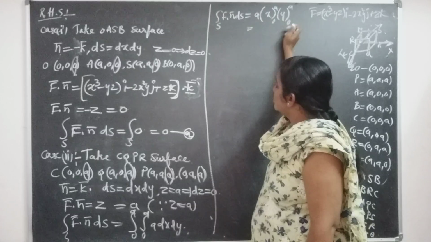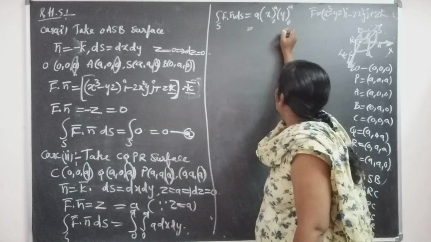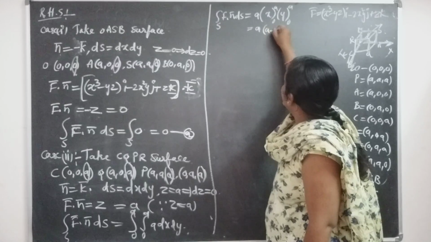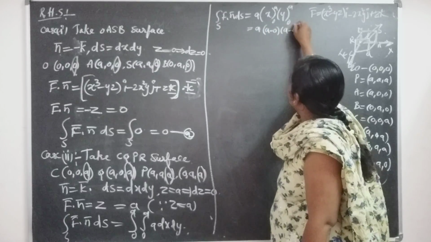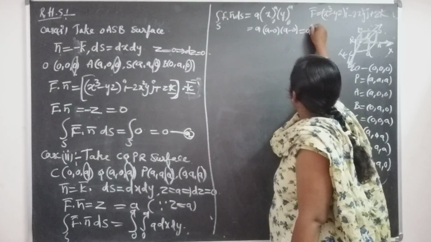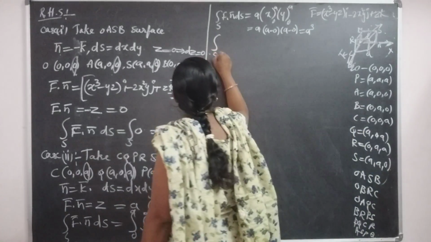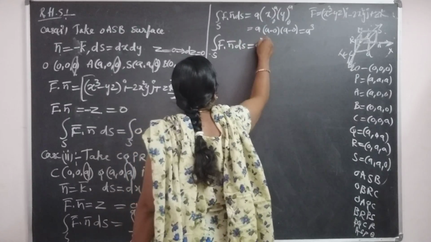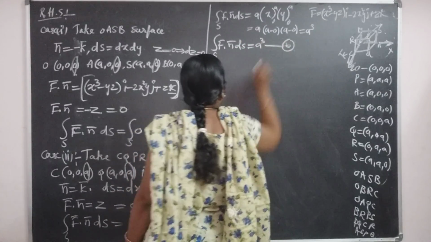Because these two are independent, there are no variables, so no change. A into a minus 0, a minus 0, applying the limits, a into a, it is equal to a cube. Surface integral of f dot n ds equals a cube, it is equation B.